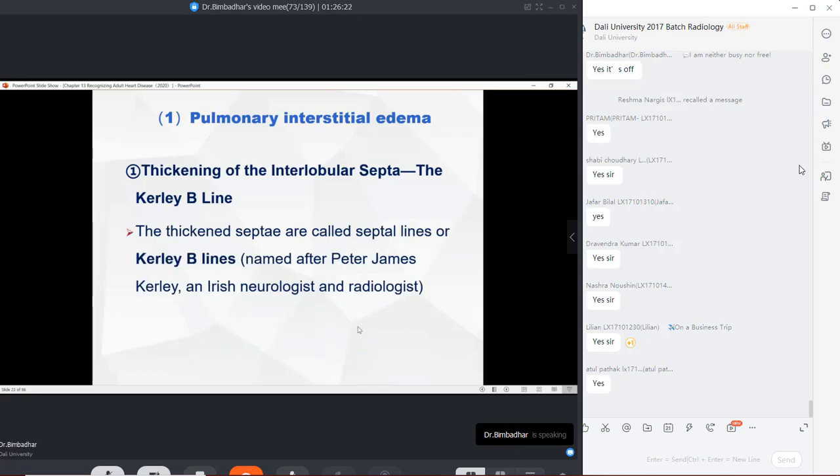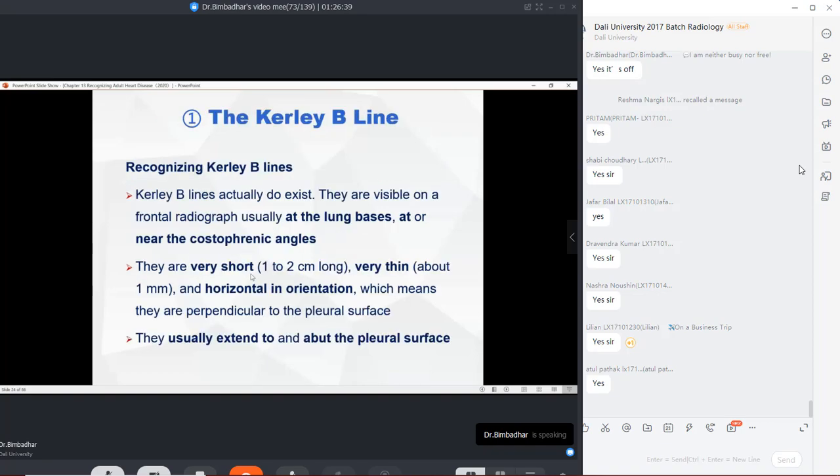Now, they are named after a scientist, Peter James Kerley, okay, an Irish neurologist and radiologist. He's the one who actually discovered them. So they are thickened septae, the septal lines that are happening at the base of the lungs. Simple, okay? And they are very short, 1 to 2 centimeters long, very thin, with fissural-like density, and horizontal in orientation.